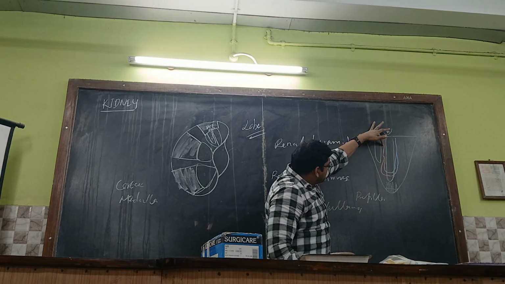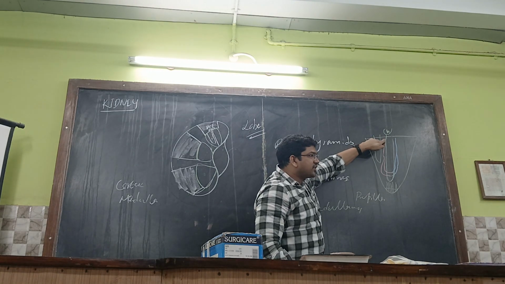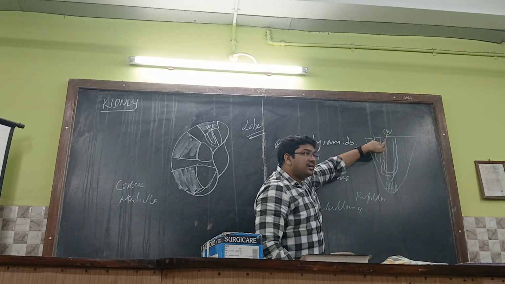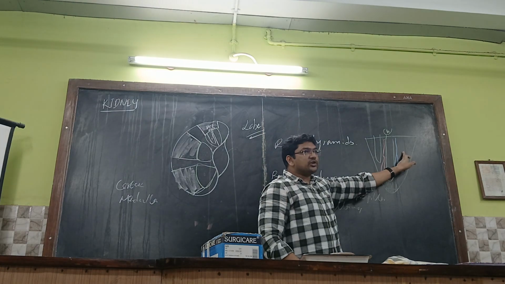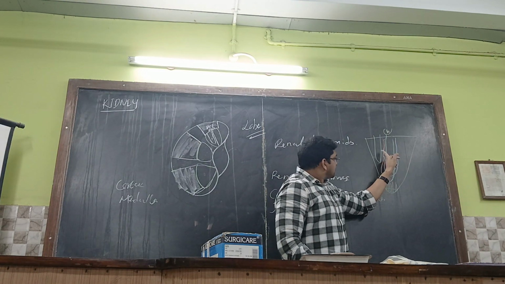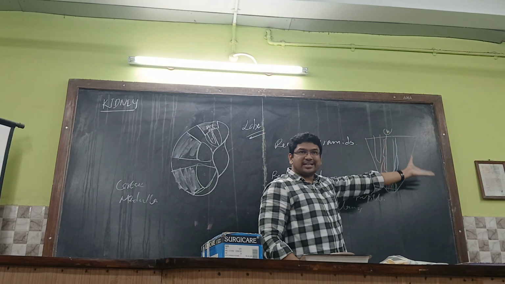So this is a straight vessel which will be arising from the efferent arteriole or the afferent arteriole? The efferent arteriole. And that will be joining with the venules and will be continuous as the venae recti. So either arteriae recti or venae recti, both are termed vasa recti. Getting it?